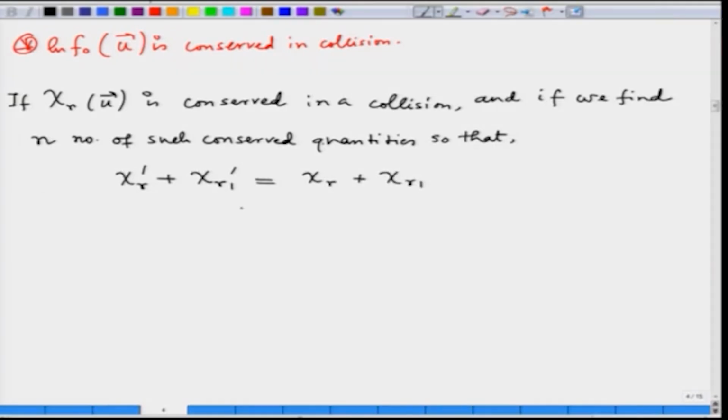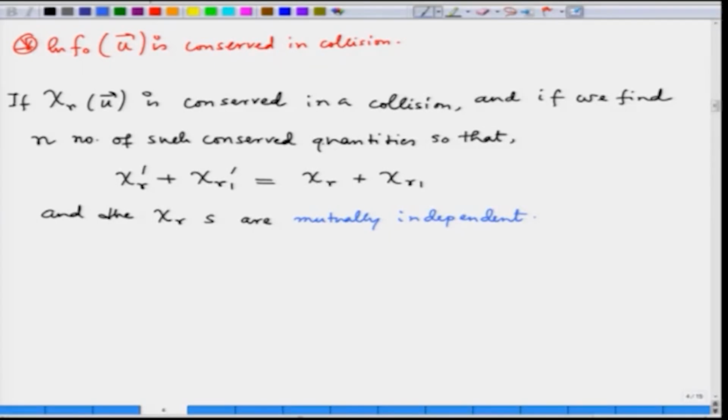You have this, and where all of them are functions of velocity in general, and the chi r's are, now there is an important thing, mutually independent, that means they are independently conserved. One conservation does not depend on the conservation of the other.